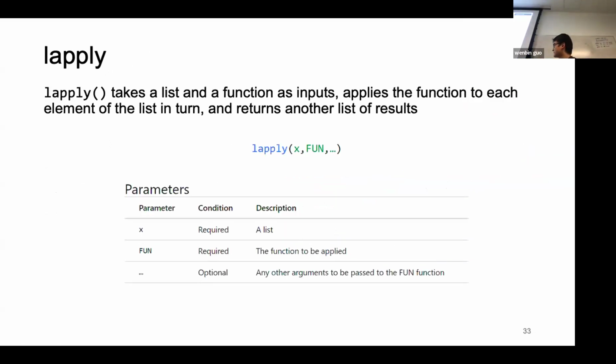So specifically for lapply, it will take the list as the input and try to apply a function to each of the elements in the list. The syntax is that you just specify X, which is the list, and specify a function which works on the element of the list.